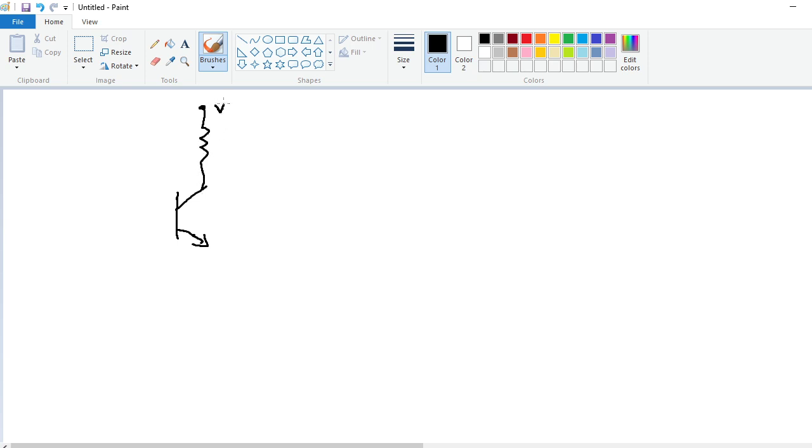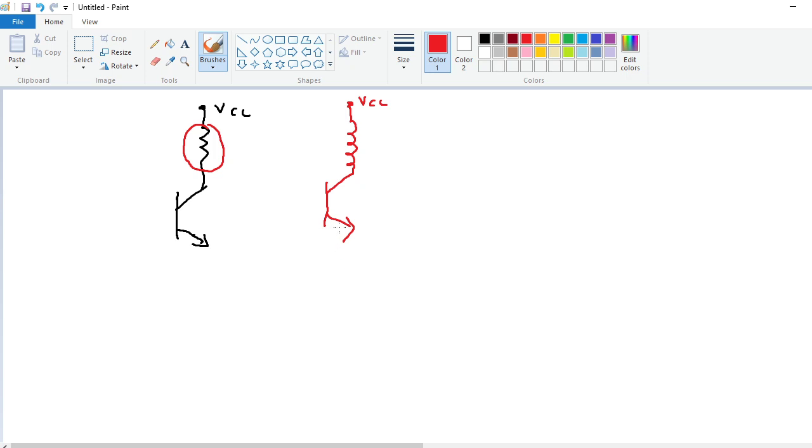Here VCC is applied. But in a transformer coupled amplifier, instead of this resistance, here the transformer primary coil is connected. So VCC is applied to the transformer primary coil.